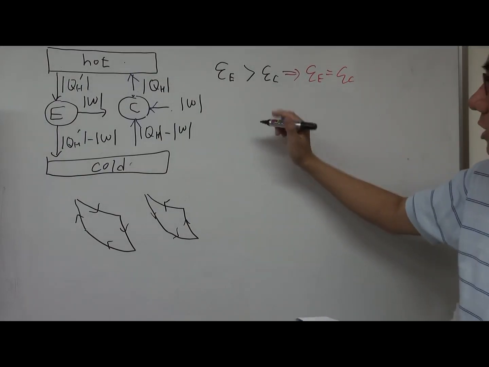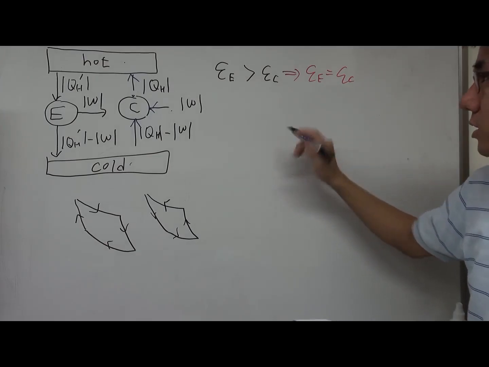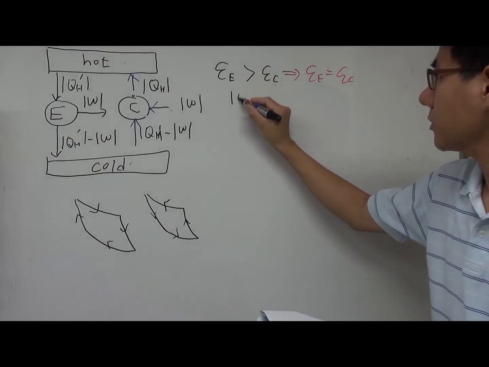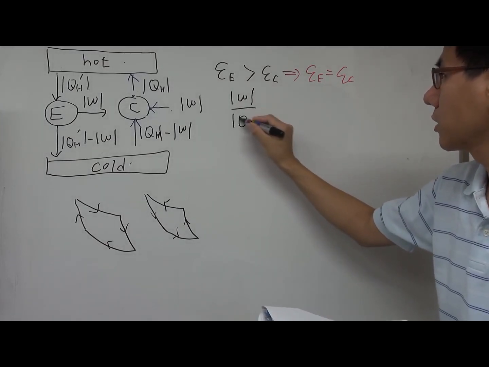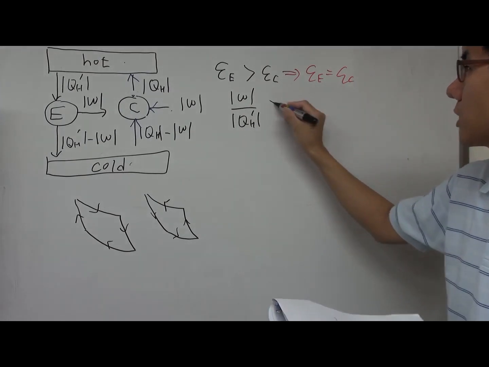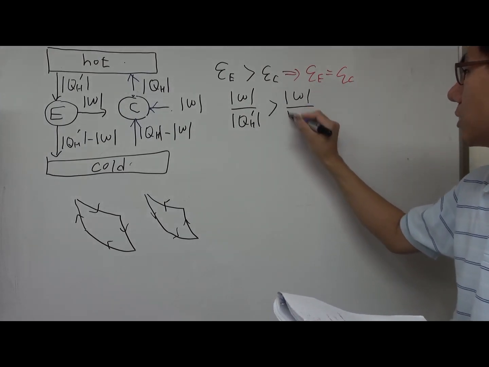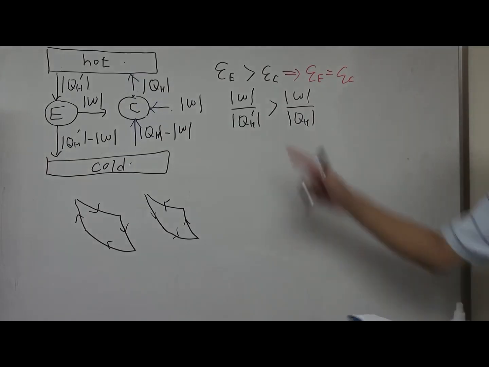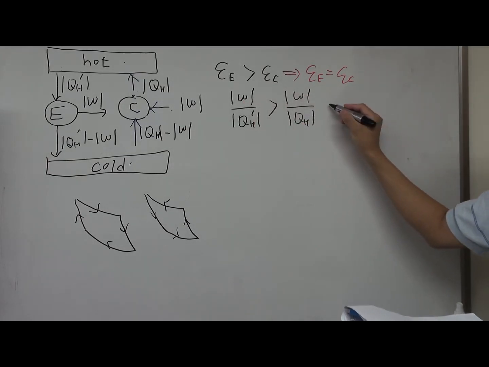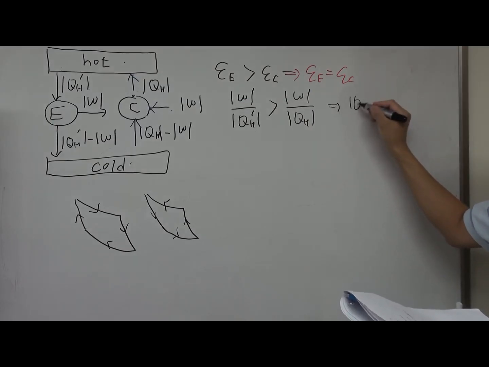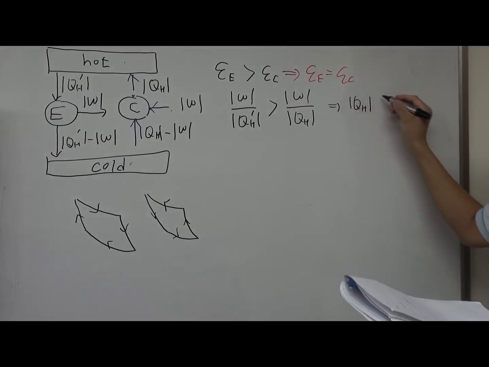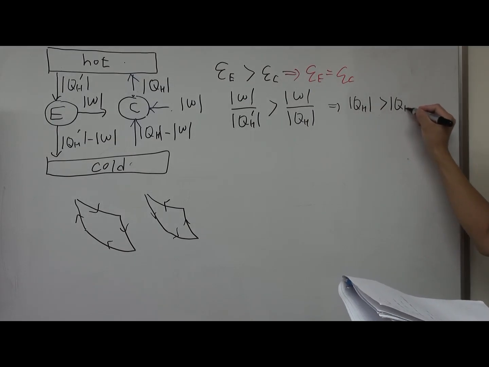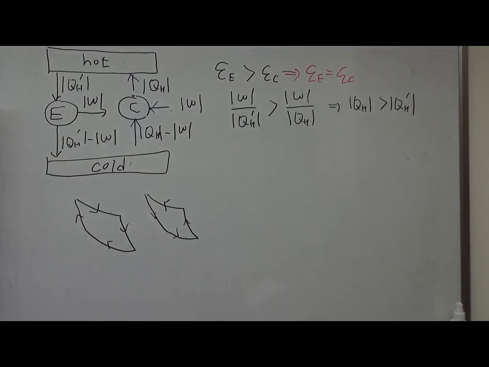Then we can write this efficiency as W over QH prime, compared with W over QH. Since we have the same W, this means that QH is larger than QH prime.